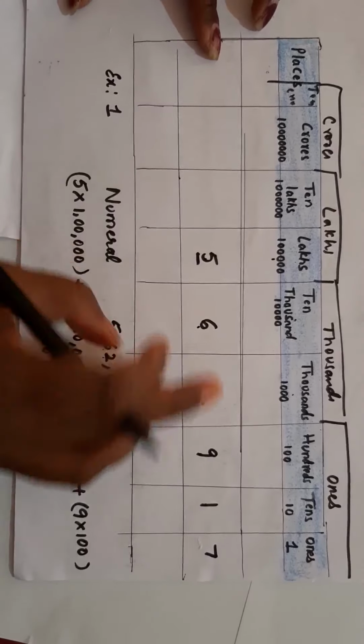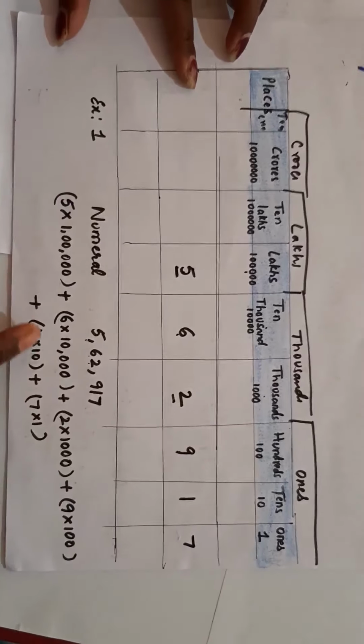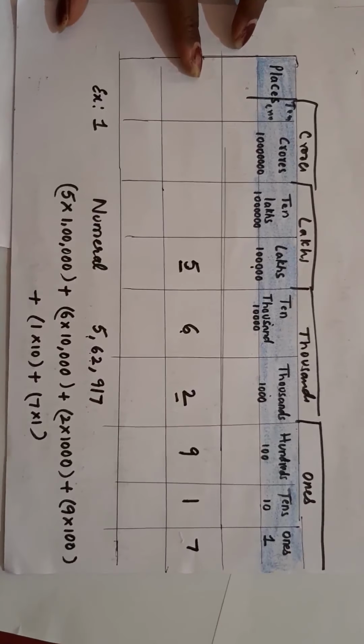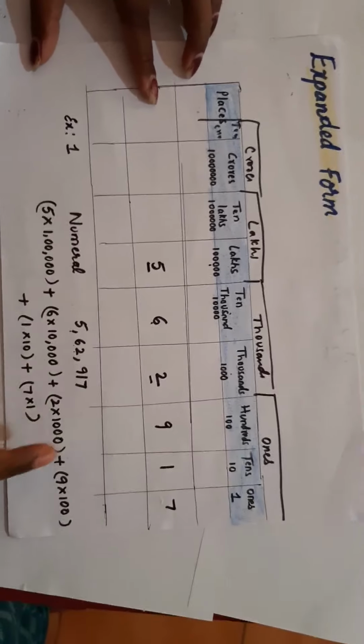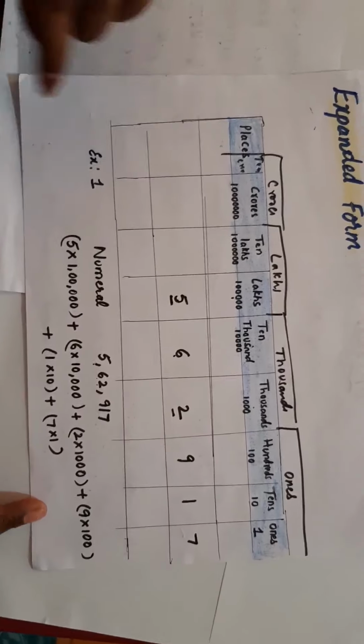So like this, according to the value of the place, we expand each digit and write it. This is the expanded form.